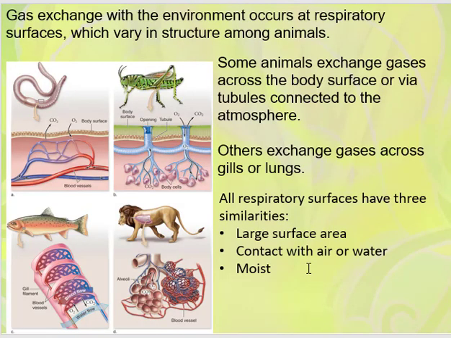Gas exchange happens several different ways in different groups of animals. Some animals exchange gases across the body surface or via tubules connected to the atmosphere, like the breathing spaces along these insects, the grasshoppers.